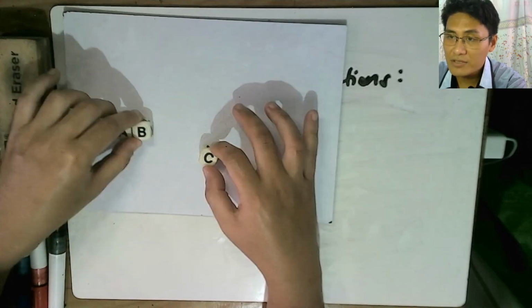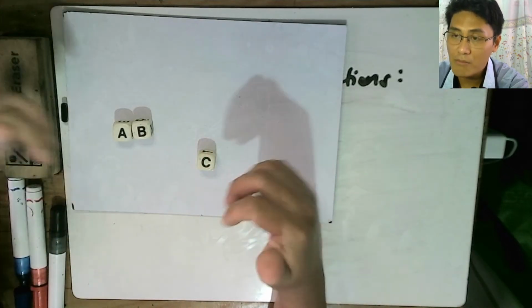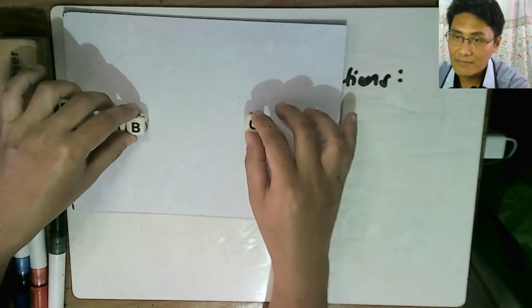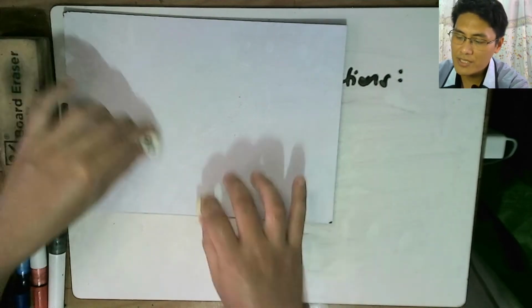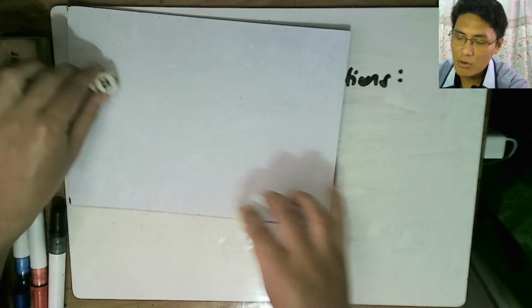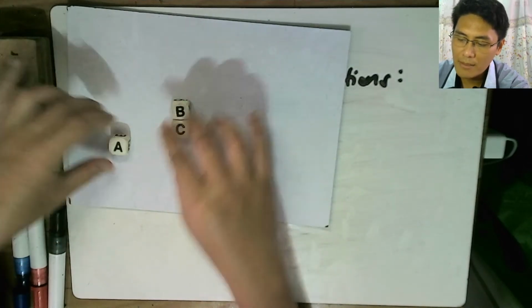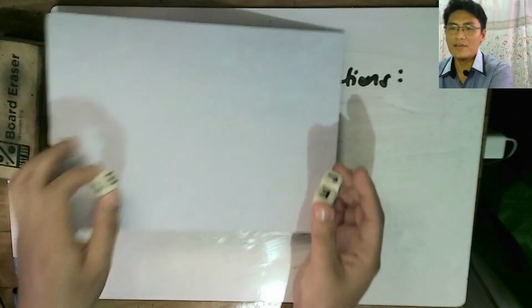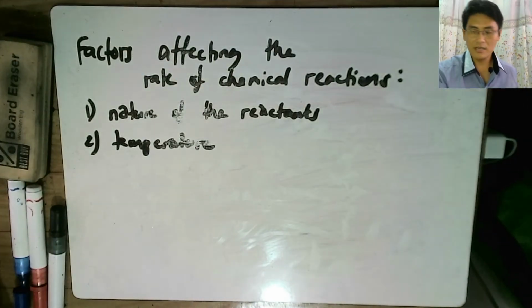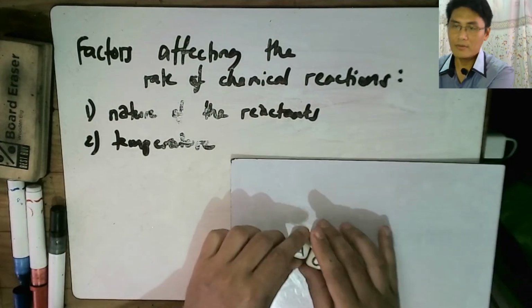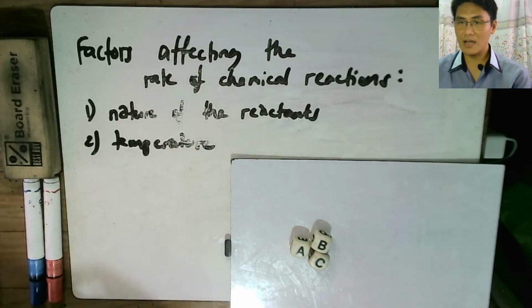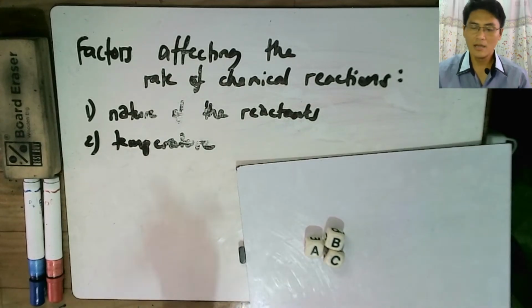So the higher the temperature, the more likely they are going to react, right? Because if the temperature is higher, it's more energetic, and more energetic means it might break the bond between A and B and form new bonds, right? So that's the reason why temperature factors in to how fast the rate of chemical reaction is.